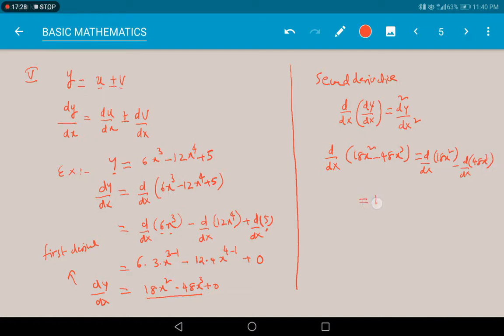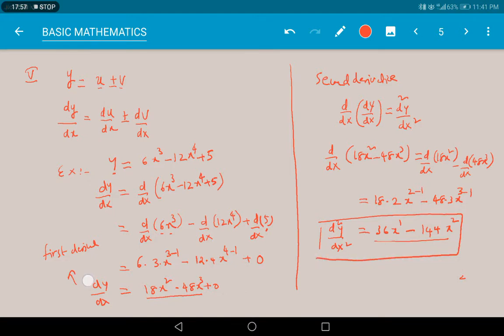Now we get 18 into 2 x to the power of 2 minus 1, minus 48 into 3 x to the power of 3 minus 1. So 36 x to the power of 1 minus 144 x square. This is the second derivative of the given function. In this way we can find the first derivative and second derivative of the given function.